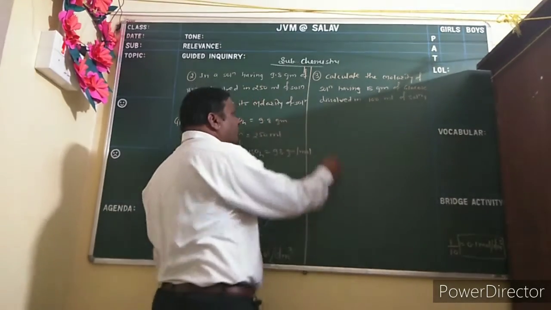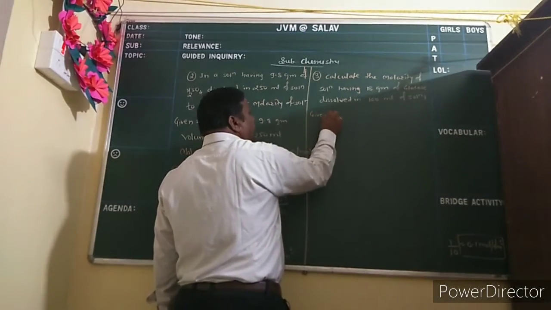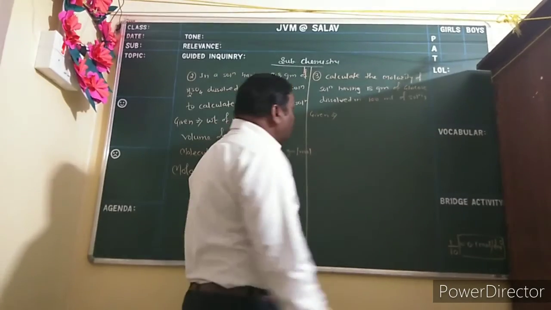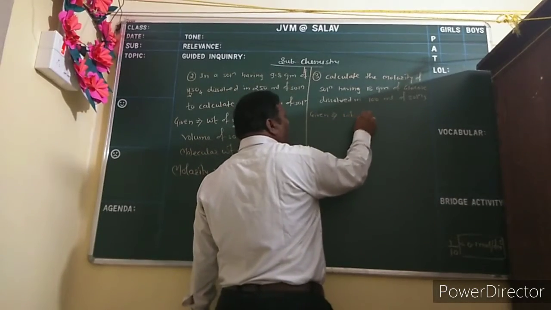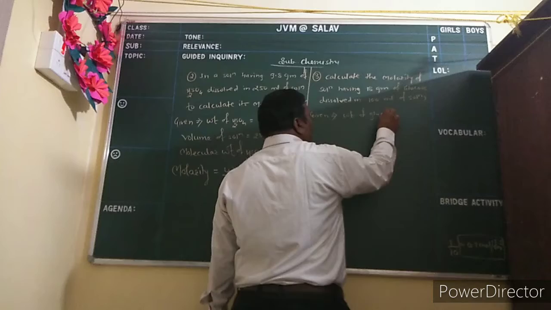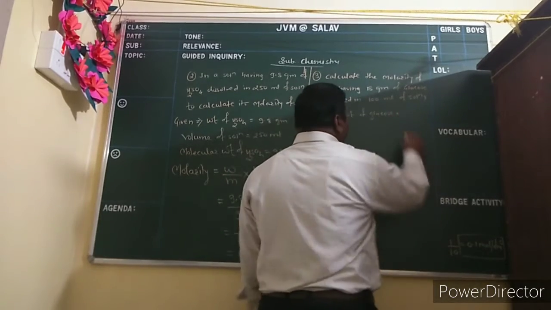Again, the given quantity is the weight of glucose. How much? Weight of glucose is 18 gram.